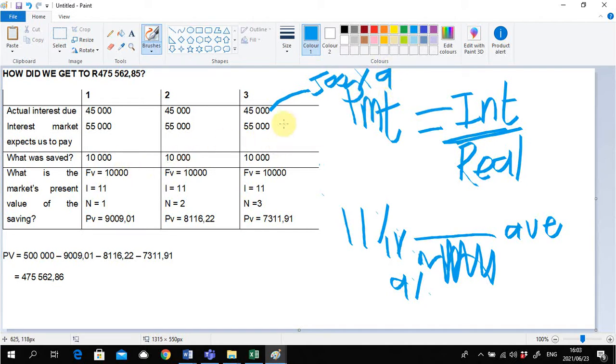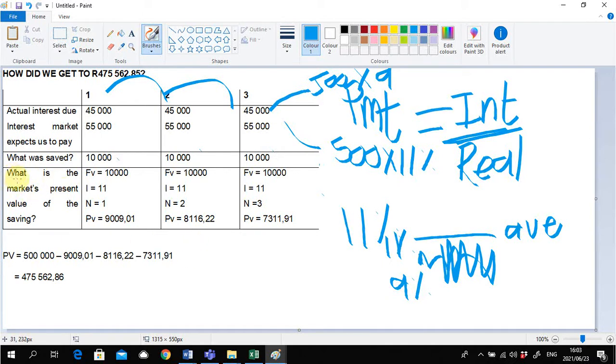What does the market expect? The market expects 500,000 times 11%. So if I look at what is happening over a 3-year period, I'm saving every year because I pay 45,000, but under normal market circumstances, they would have expected me to pay 55,000. So I'm saving 10,000 Rand every year that this loan is running for.